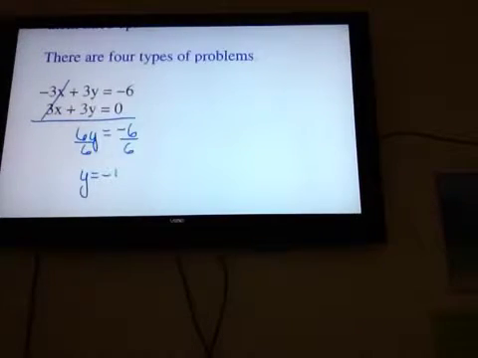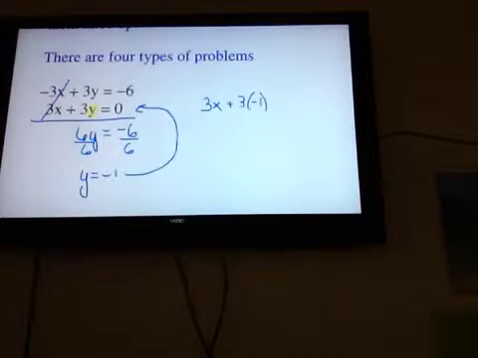So you take negative 1, and you either take it to the bottom equation or to the top equation. I'll go to the bottom. And then we're going to plug that in for the y value there. Okay? So I'm going to have 3x plus 3 times y, negative 1, equals 0. And I solve that now for x.